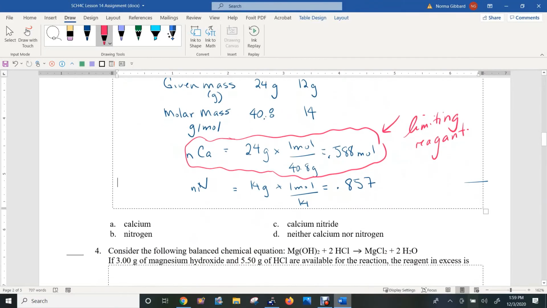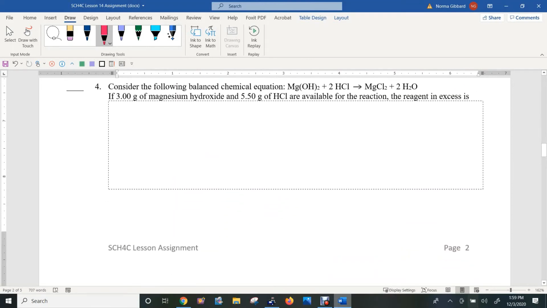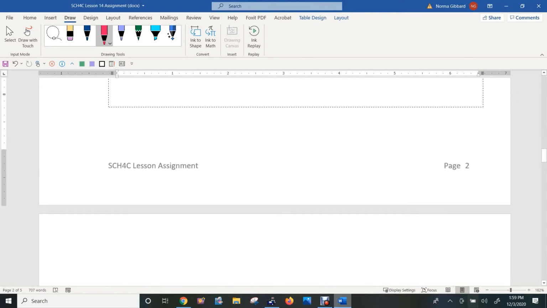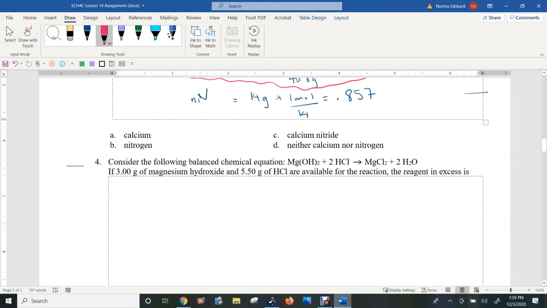Now, let's move on to number B. In number B, we're given the balanced equation and we're asked to find the reagent in excess. Let's take a look at this one.